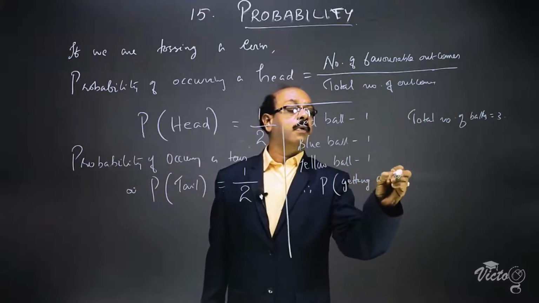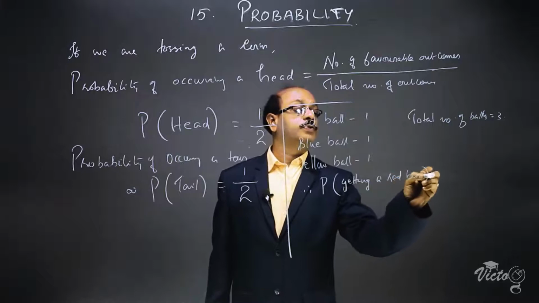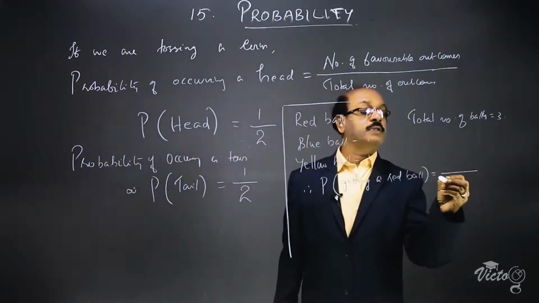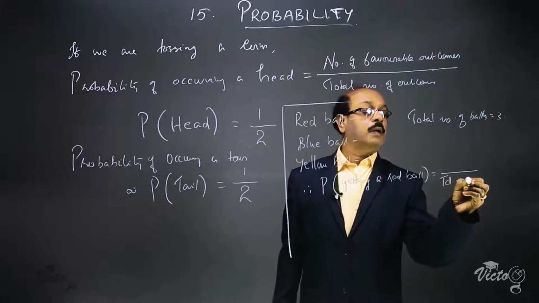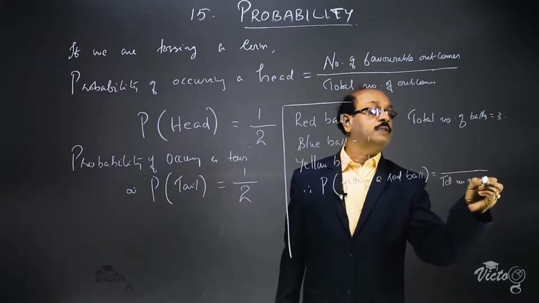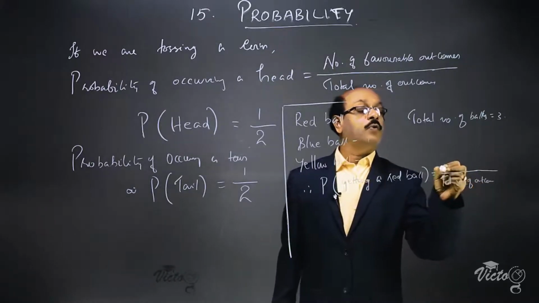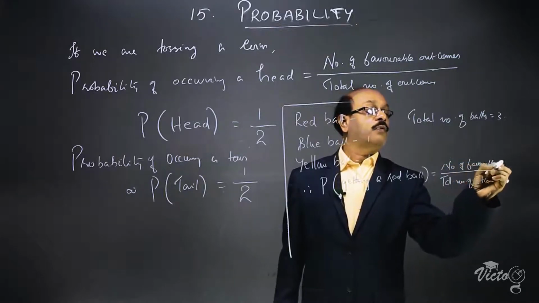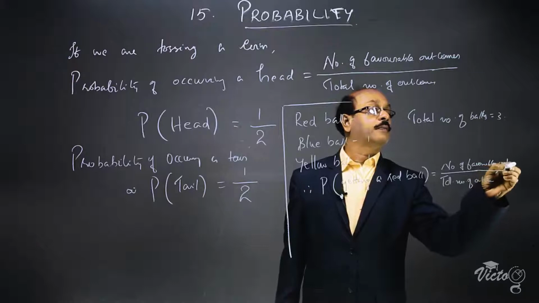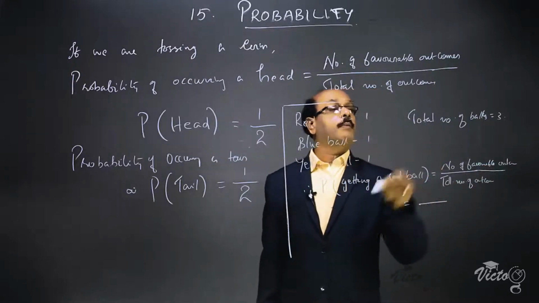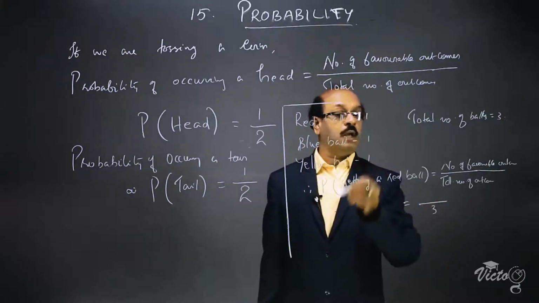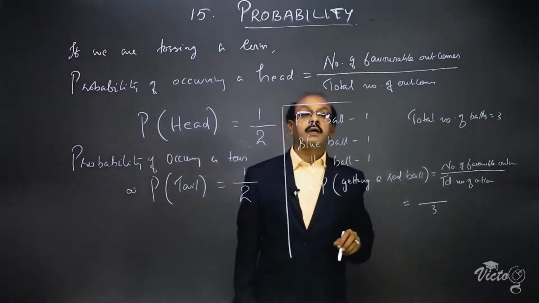Therefore, the probability of getting a red ball is equal to number of favorable outcomes divided by total number of outcomes. The total number of outcomes is equal to 3 and there is only one red ball.